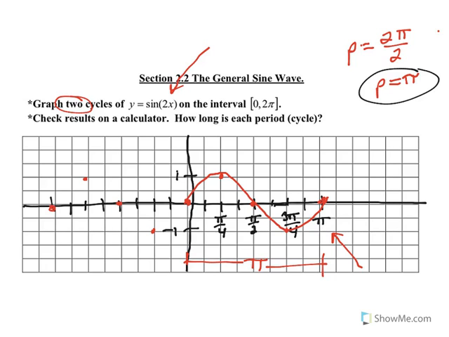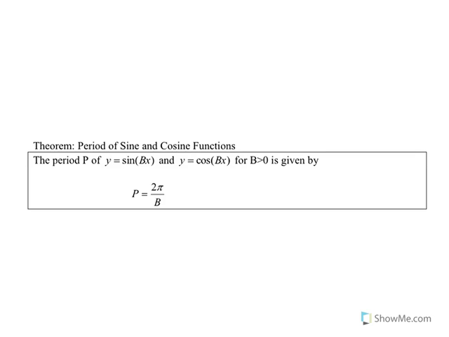And this would actually be stopping at negative pi since we went backwards. So there's our sine wave with another cycle of pi. So the length of one cycle is called the period.